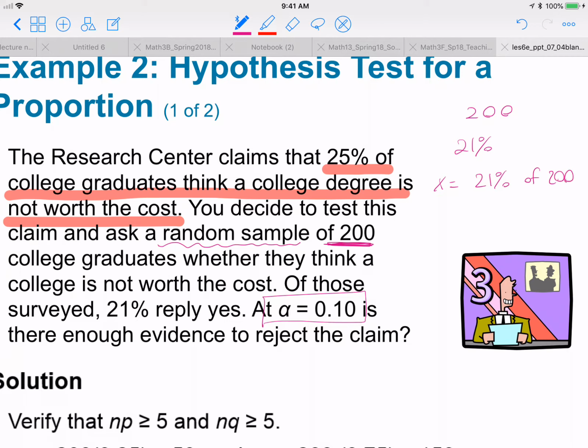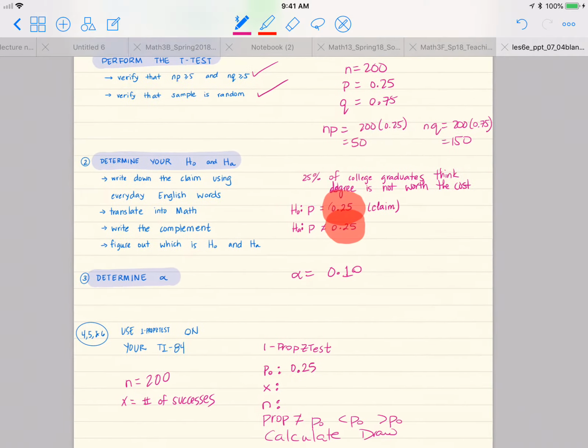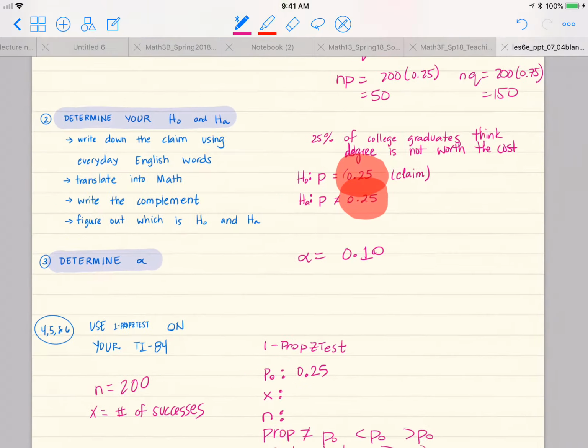And now how do I find that? Let's translate this. It'll be 0.21, and of turns into times. Remember? So I need that times 200. On my calculator, 200 times 0.21 should give me 42. Okay, so I've got my X. In here I need to put in 42. And then N needs to be 200.